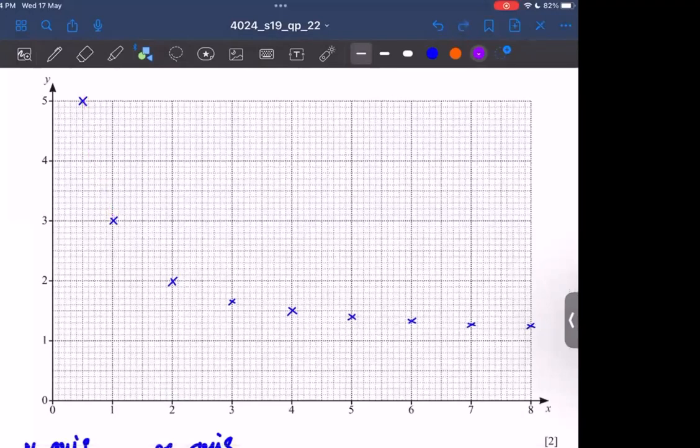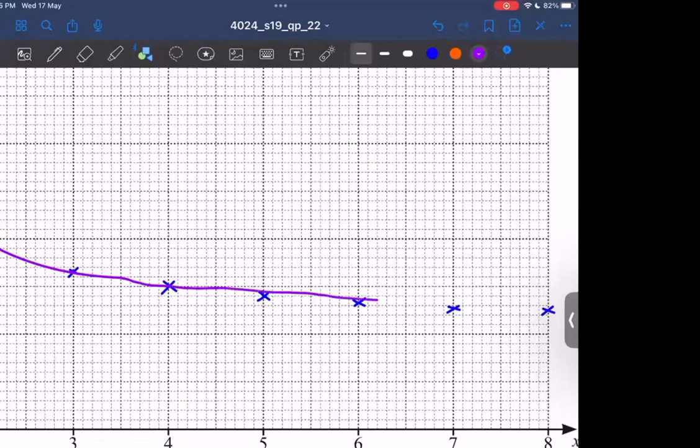See, you can just join from dot to dot. I'm just getting a straight line here.